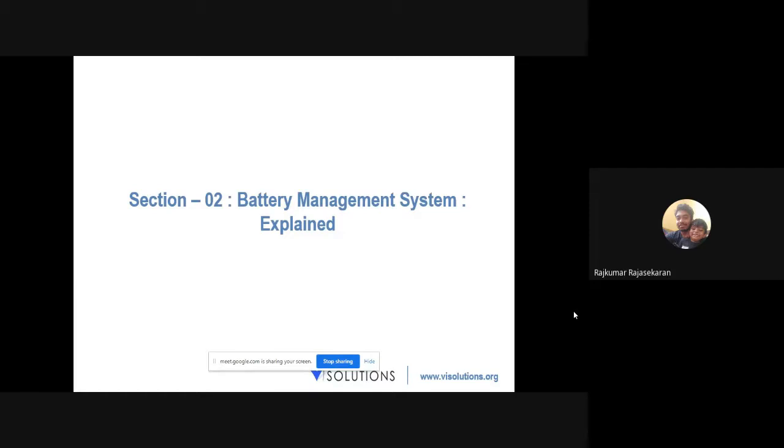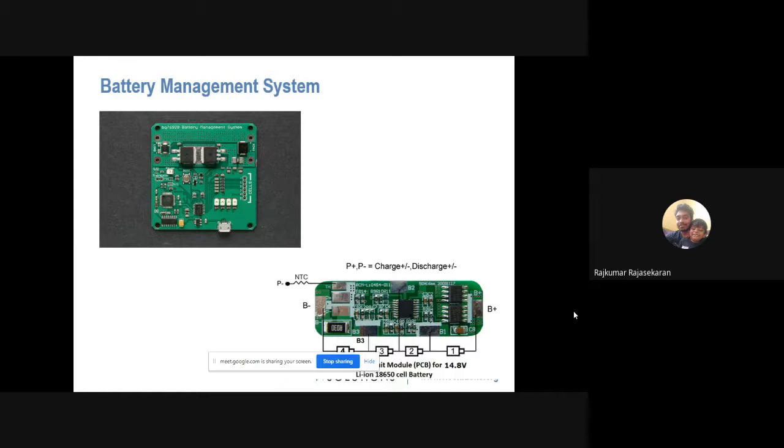So in order to tackle all these things, we all know possibly that we have an embedded system, or you can say an electronic unit, which is going to monitor and potentially control all these things. That is what we now call the battery management system. To put it simply, it's a unit which is going to monitor the charging, discharging, and the temperature of a battery.